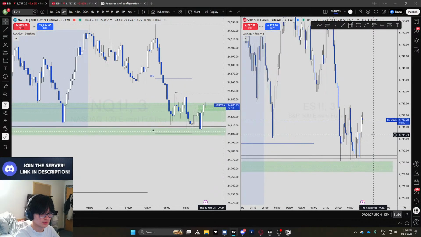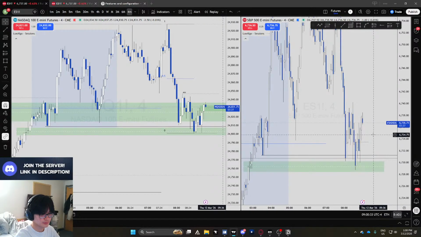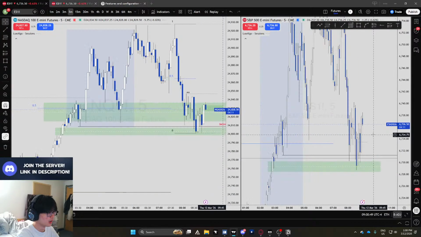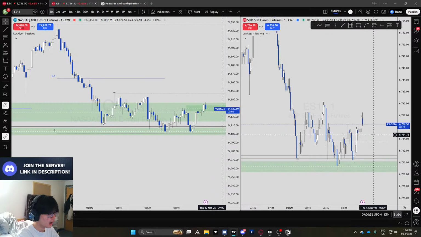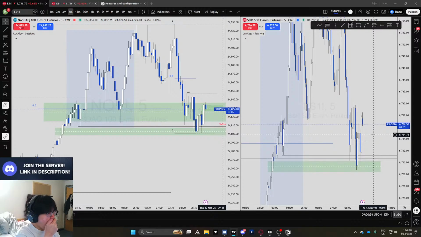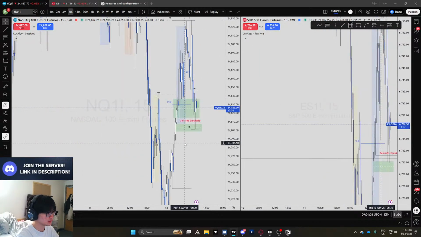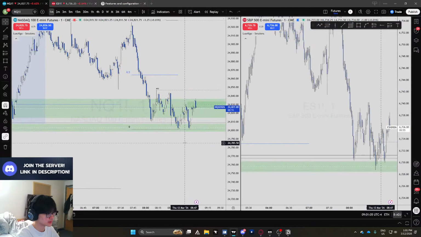Not clean on a 3. Possibly the 4 minute. Completely closing that gap. I don't think it's looking like we are wanting to come higher now.